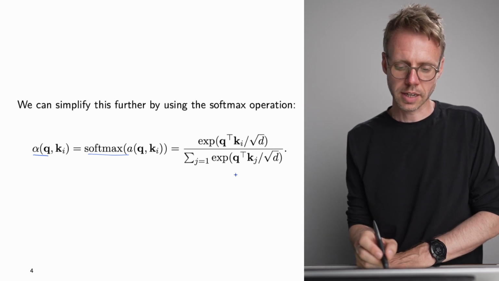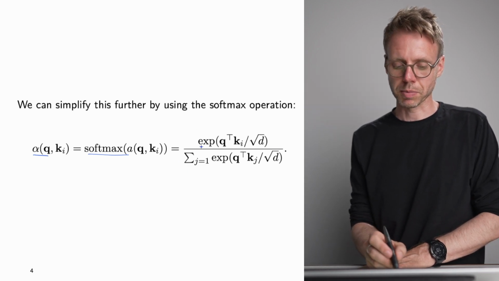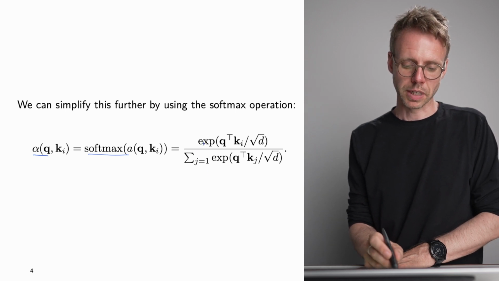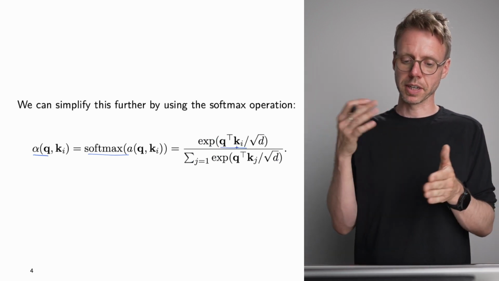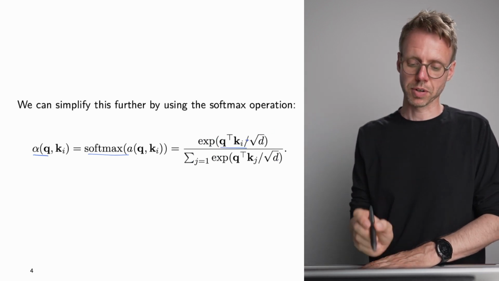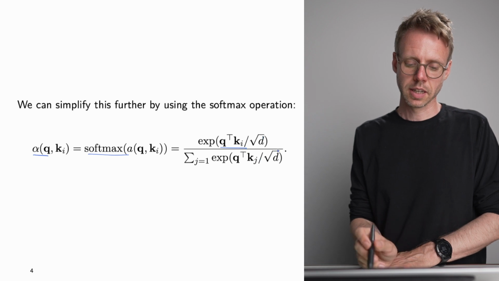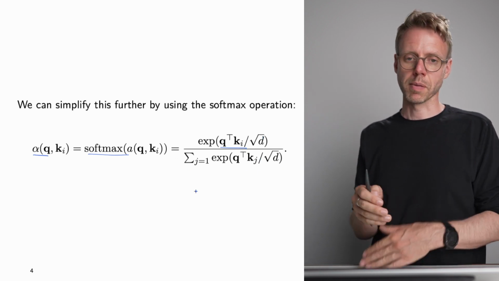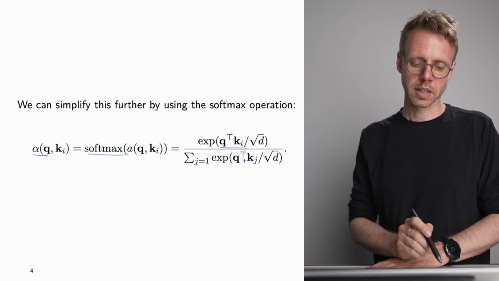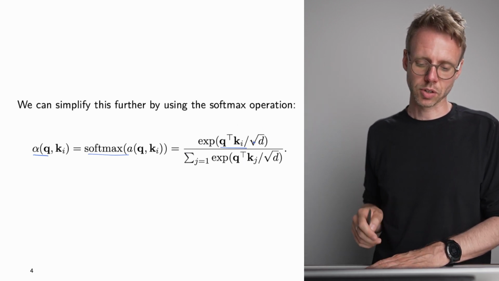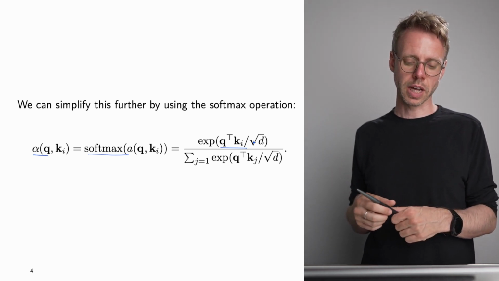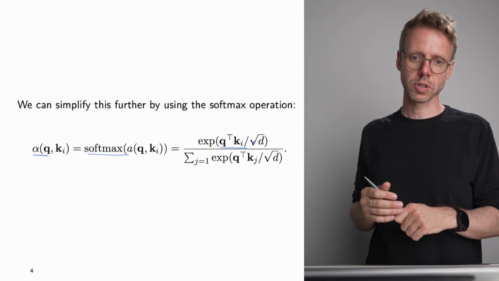So in the end, putting it all together, what we would get is the Softmax of these, which would be e to the power of the dot product between the query and the key, divided by the square root of the number of dimensions d, and this whole thing divided by the sum over all of these exponentiated dot products to normalize the values to lie between 0 and 1 and to add to 1.